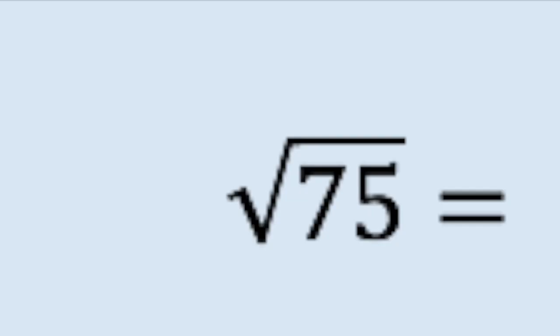So yes, this also seems to be the rule. But if that is true, it means that we can split up a number like the square root of 75 into a rational part times an irrational part. I can factor it into a rational part and an irrational part. Why? Because there is a factor in 75 that is a perfect square, 25.